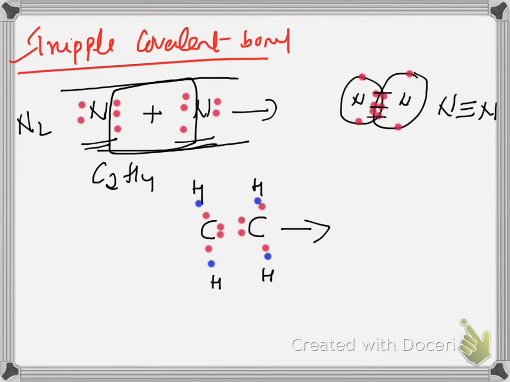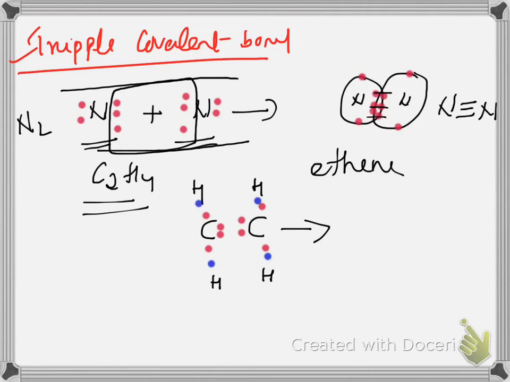Coming to C2H4, the molecule ethene, carbon contains 4 valence electrons, represented by red dots on both carbons, and hydrogen contains 1 electron, represented in blue.